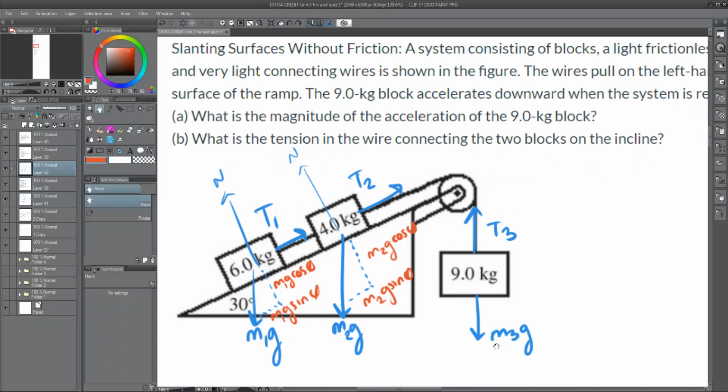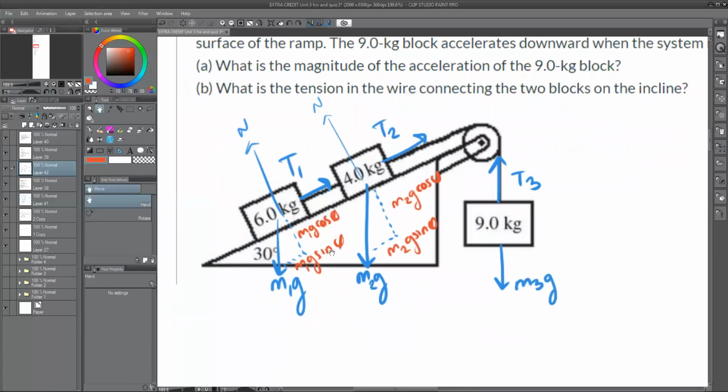So m3 g will be slightly larger than T3. So some of the equivalents don't apply for this problem because it's not at rest. T1 plus T2 is the total force of these two blocks over here, this system. And then I included the components of the weight.